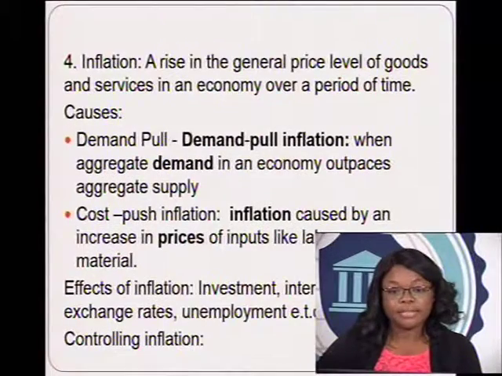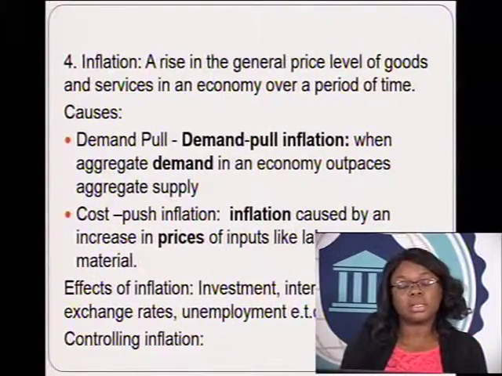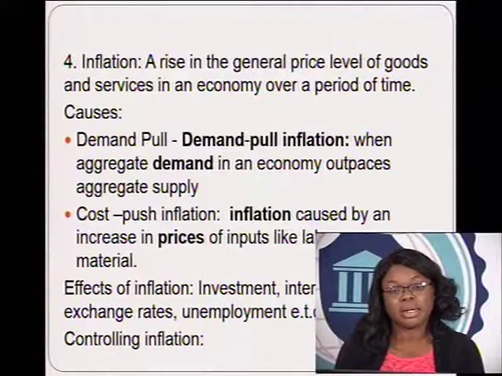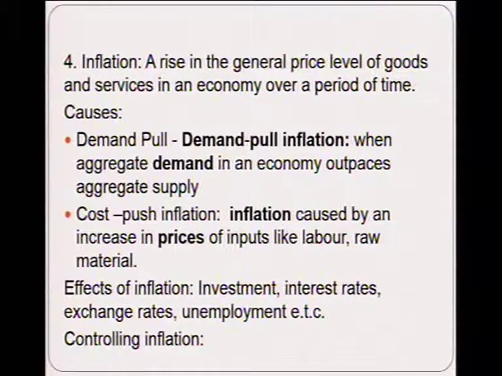Now we look at inflation, which is the fourth part in the macroeconomic side. Inflation is defined as a rise in the general price level of goods and services in an economy over a period of time. And what causes inflation?